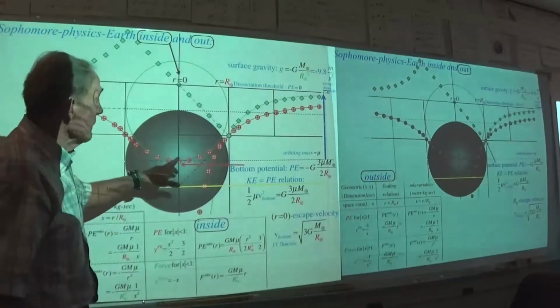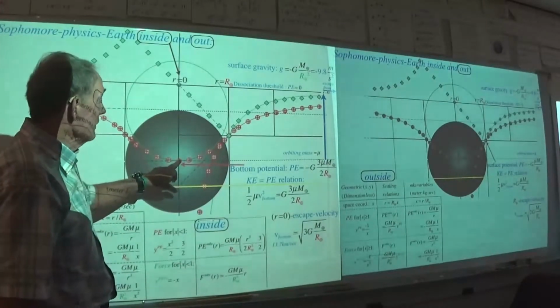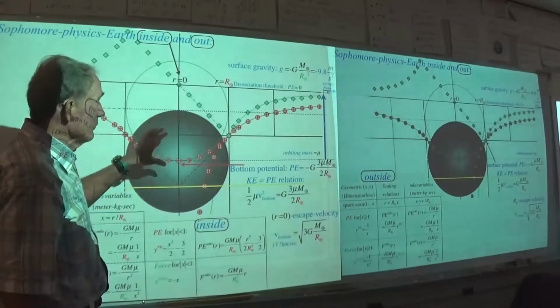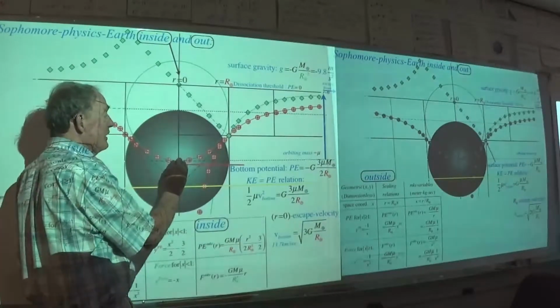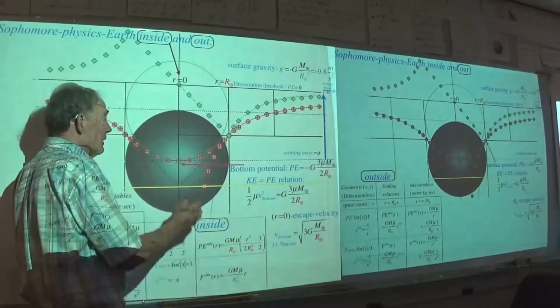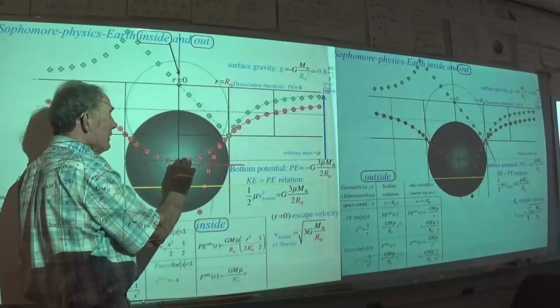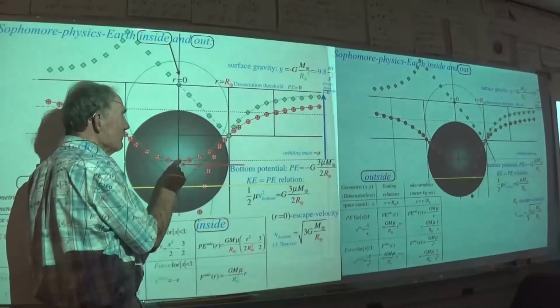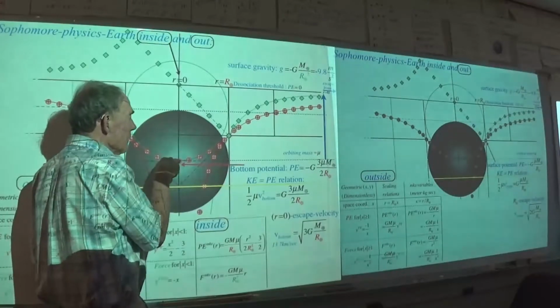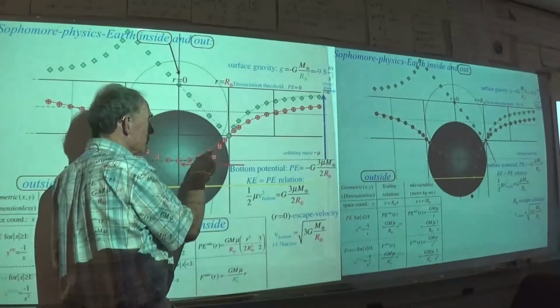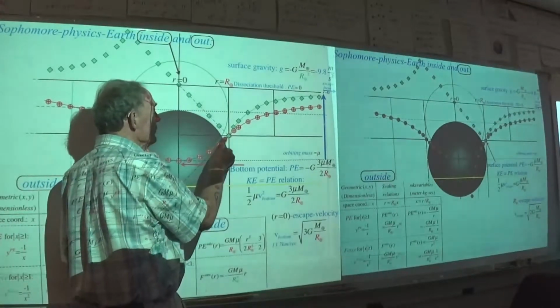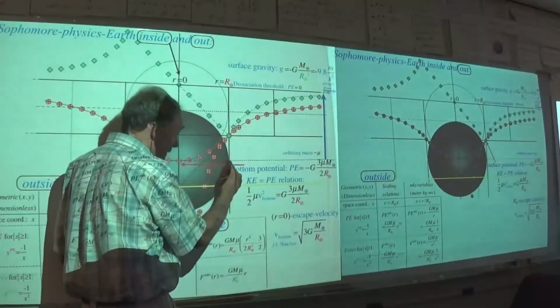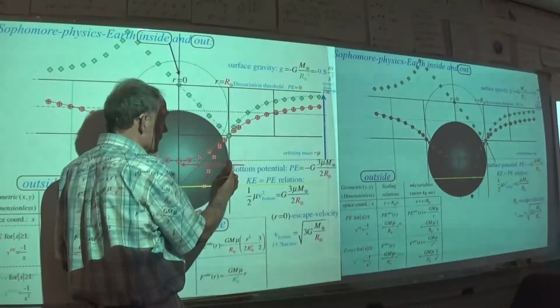And then, this is kind of interesting, there are really 3 steps on these diagrams when I get them all up here. 3 steps from sitting still at the center of the Earth. Then there's a certain amount of energy it takes to climb up and be sitting right there at the outside of the Earth.